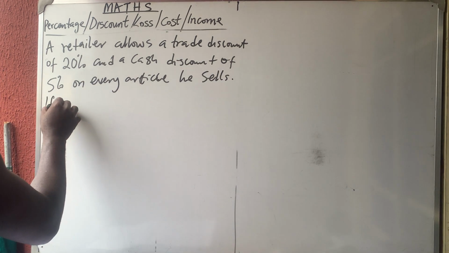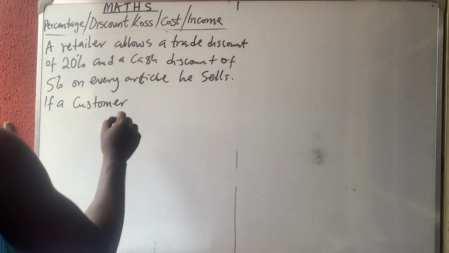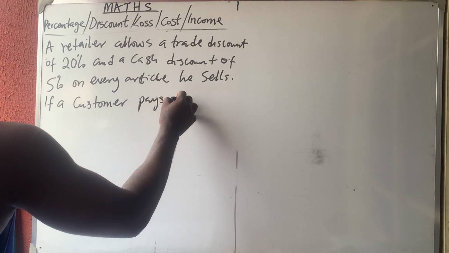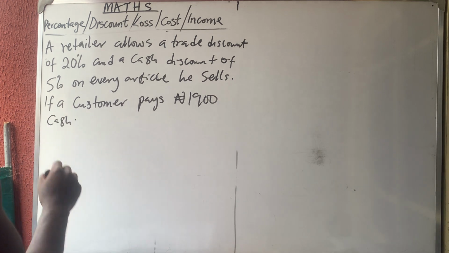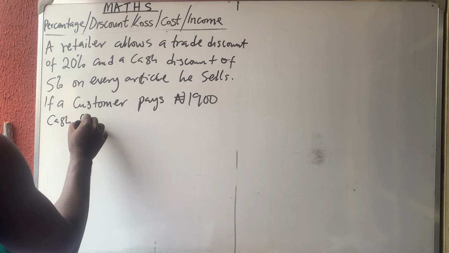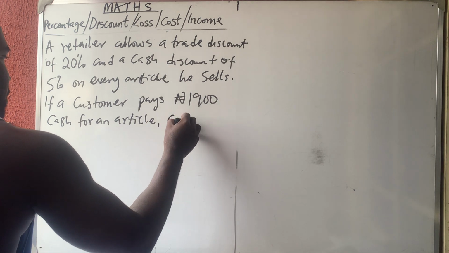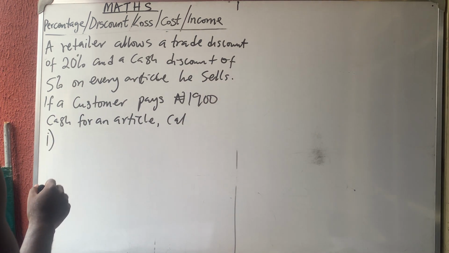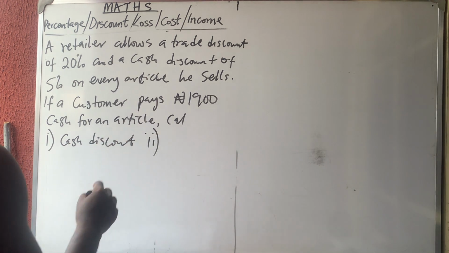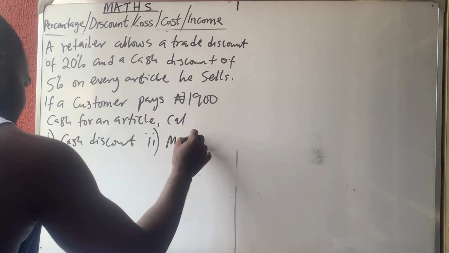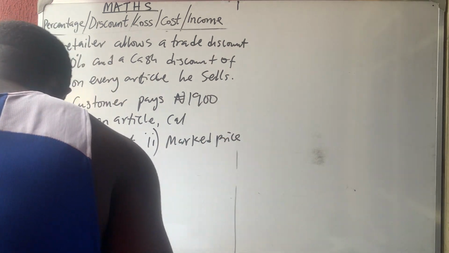They say if a customer paid 1,900 cash for an article, calculate the cash discount, okay, marked price. All right, the marked price.